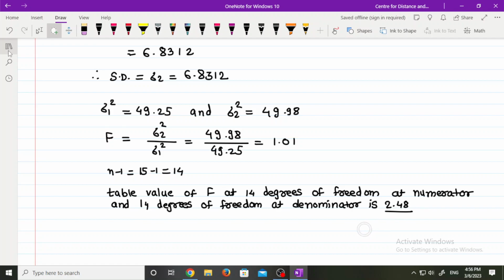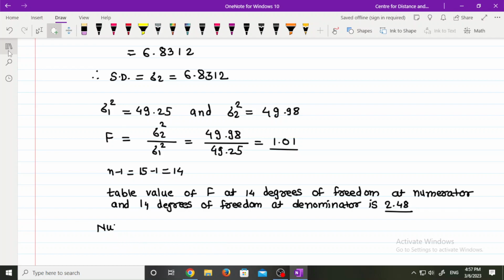Hence, it is concluded that the calculated value of F, that is 1.01, is smaller than the table value of F. So the null hypothesis is accepted and the alternative hypothesis is rejected.